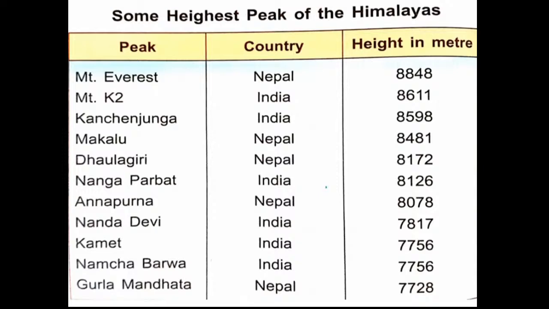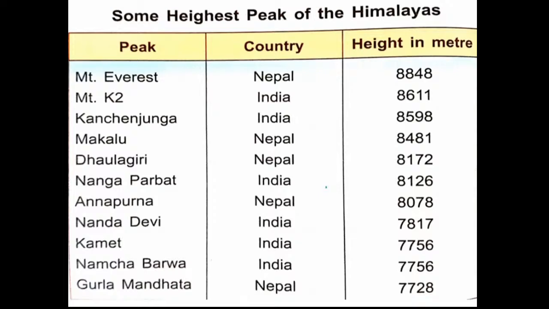Then Makalu, which is in Nepal, and the height is 8481. The next one is Dhaulagiri, which comes in Nepal, with the height of 8172. Then the next one is Nanga Parbat, which is in India, and the height is 8126.